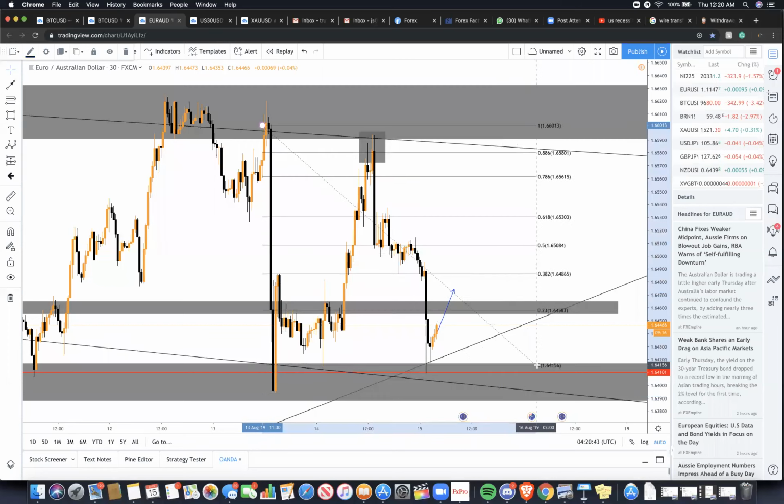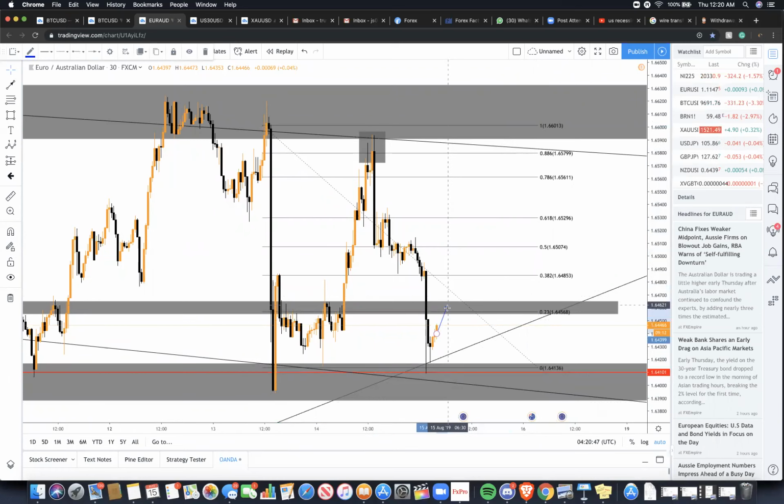So maybe if I adjust my Fib level here, what am I seeing? Well, my 23.6 level is actually right at the zone I identified that the market needs to retest.